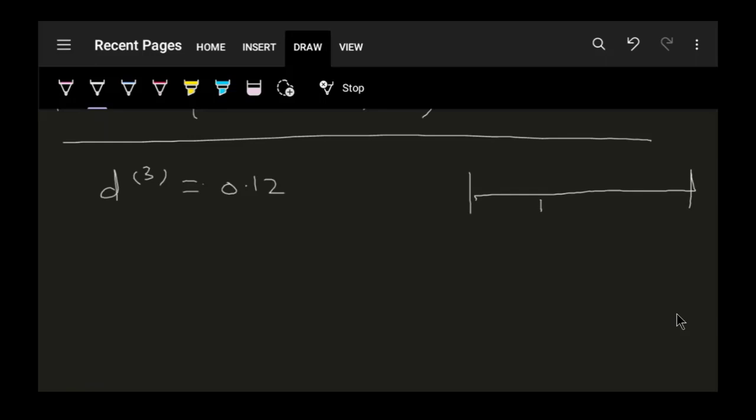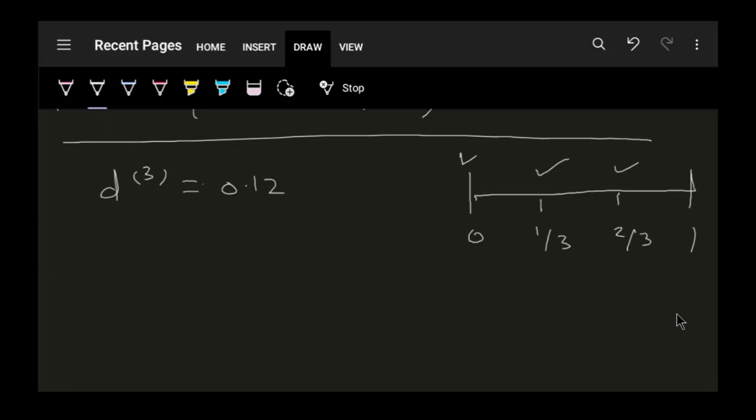So suppose 1, 2, this is my end of the first month. So I will get a discount here, here and here: 0, 1 by 3, 2 by 3 and 1. So total there will be 3 payments.